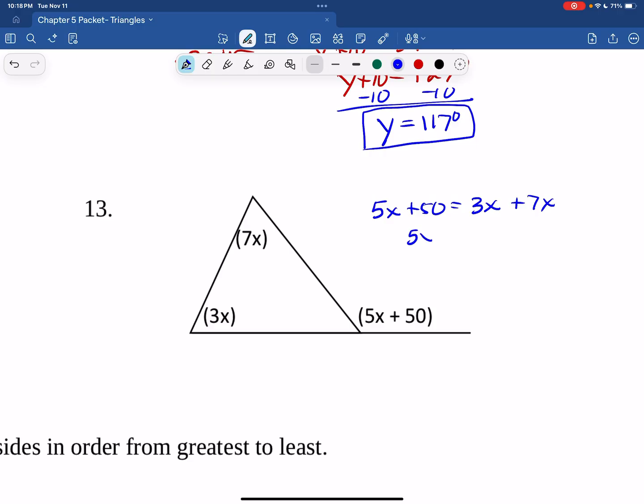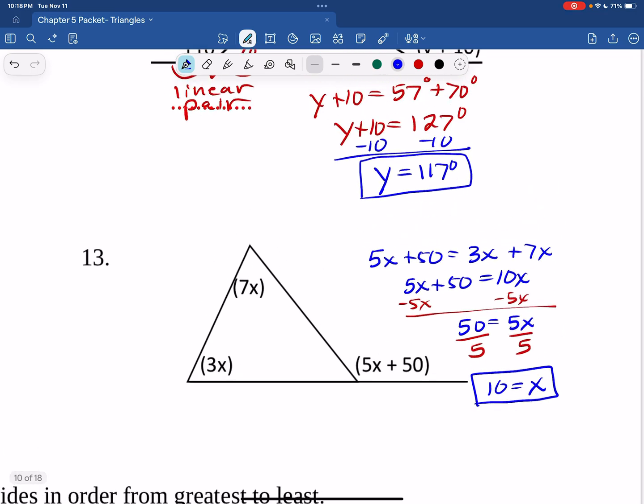So 5x plus 50 equals 10x. I'm going to subtract 5x from both sides. So it turns out that 50 is equal to 5x. And then I'm going to divide both sides by 5. So it turns out that x is equal to 10.